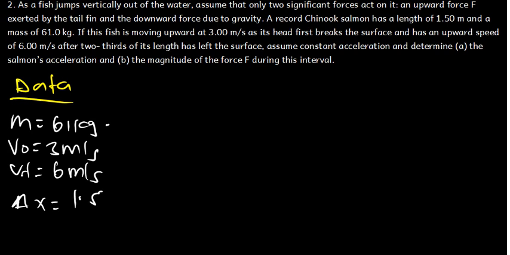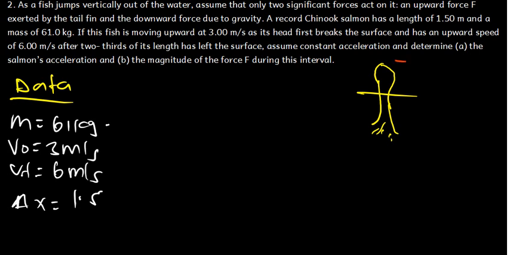But now let's first come up with a free body diagram. If this is the fish, let me draw it here. They are saying that the length of this fish is 1.5.